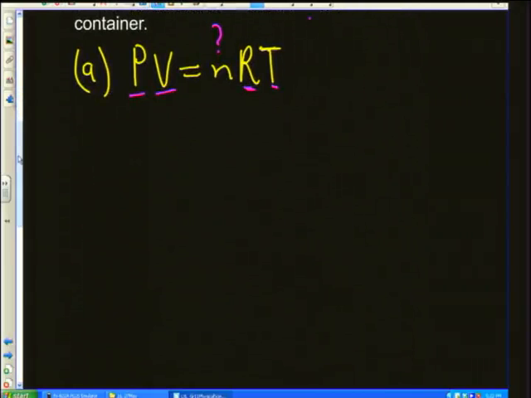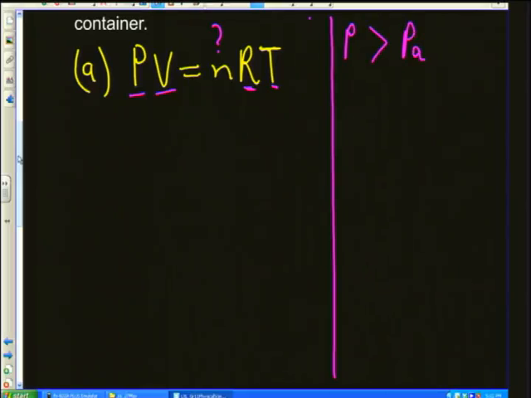Also, when I use this formula, I need to know that the pressure is always measured in pascals, the SI unit of pressure. The volume has to be in cubic meters. That's very necessary for me to know. Of course, n should be measured in moles.